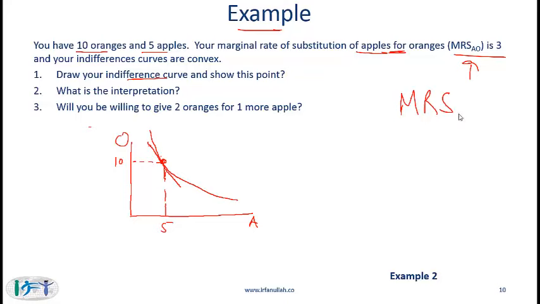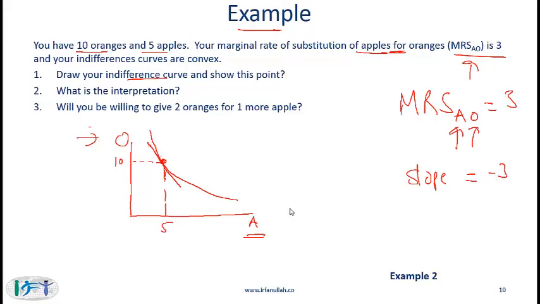So marginal rate of substitution, apples for oranges is equal to 3. Apples is written first, so this must be the x-axis. Oranges is written second, this must be the y-axis. And then the marginal rate of substitution is 3, which means that we are looking for a point where the slope is equal to -3.